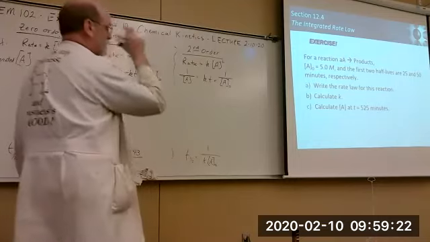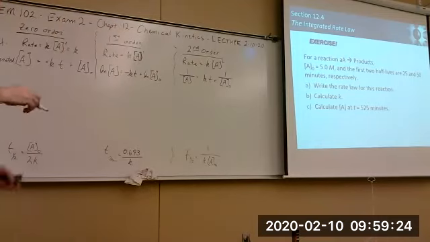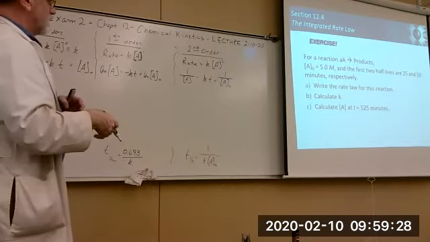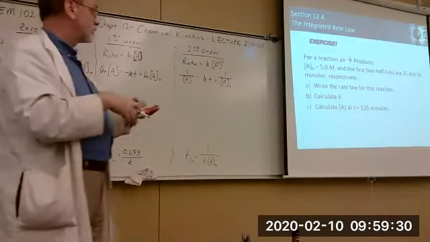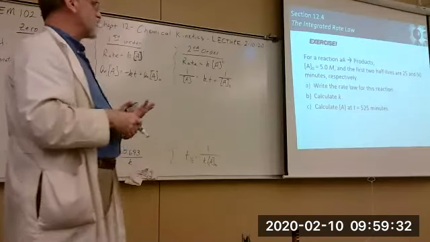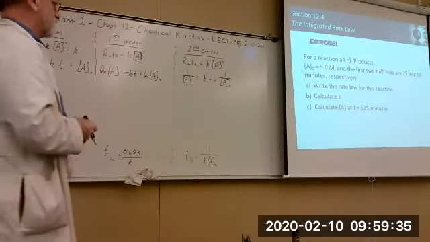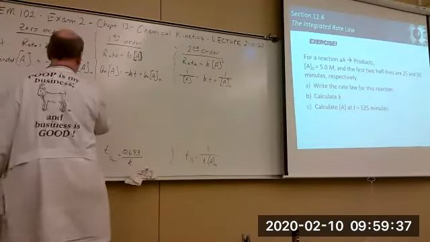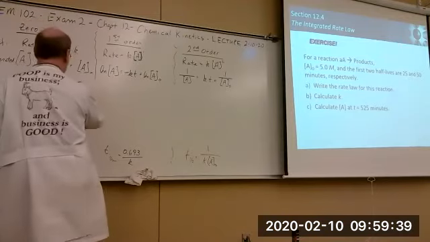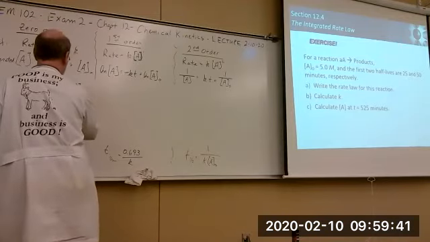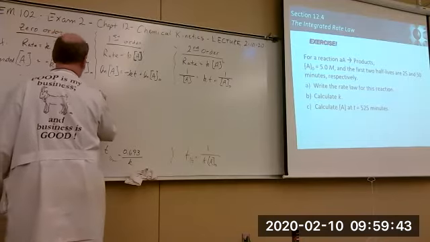And then we can work on this problem. So we have a reactant yields products, and the initial concentration is 5 molar. The first two half-lives are 25 and 50 minutes. So let's see, what does that mean? A concentration and time.